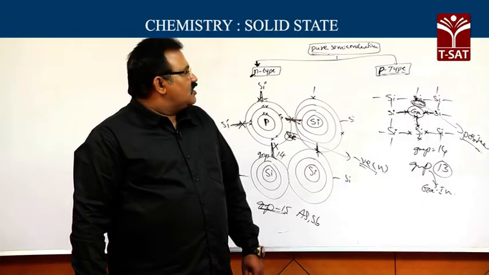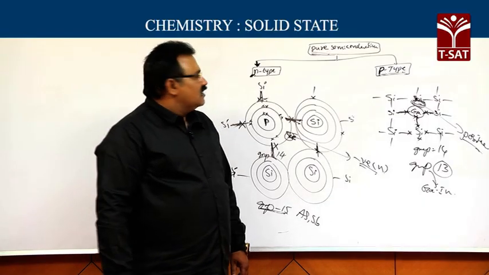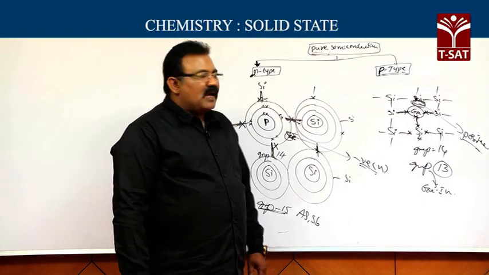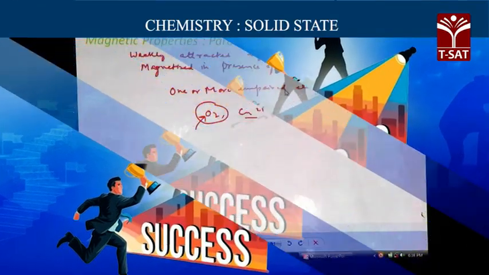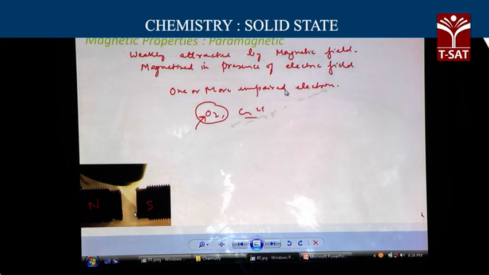So, let us move to the last topic, that is magnetic properties of solids. Based on the behavior of solids in a magnetic field, the solids are classified as paramagnetic, diamagnetic, ferromagnetic, antiferromagnetic and ferrimagnetic. Let us see what paramagnetic substances are. They are weakly attracted by the magnetic field because of the presence of one or more unpaired electrons.